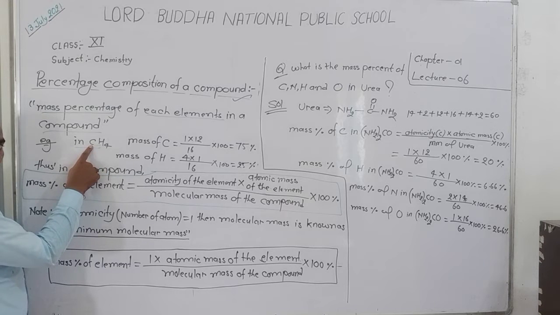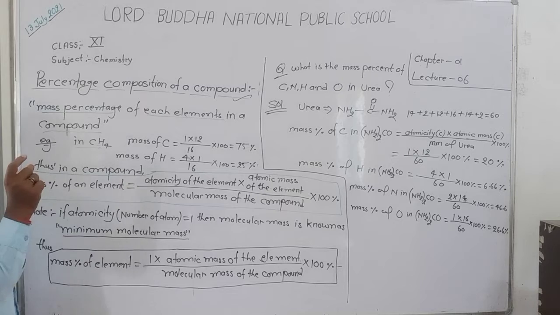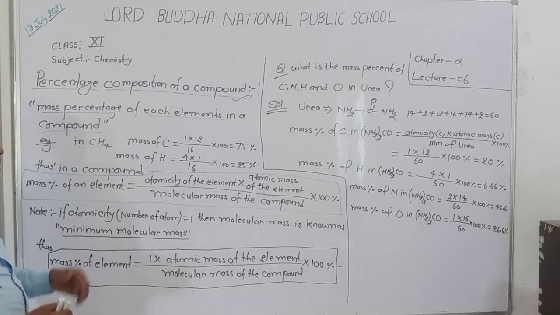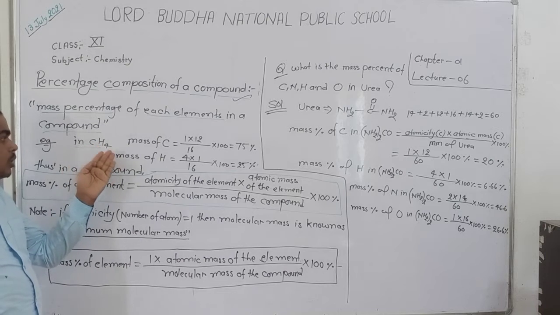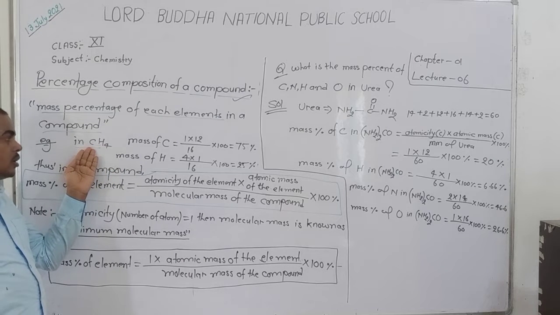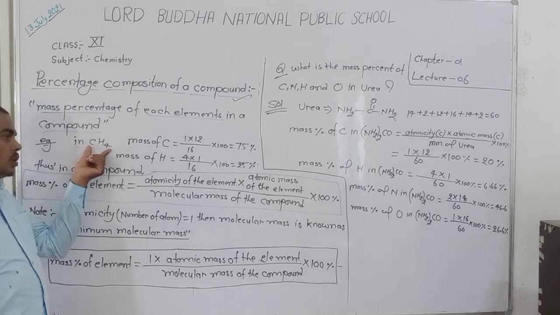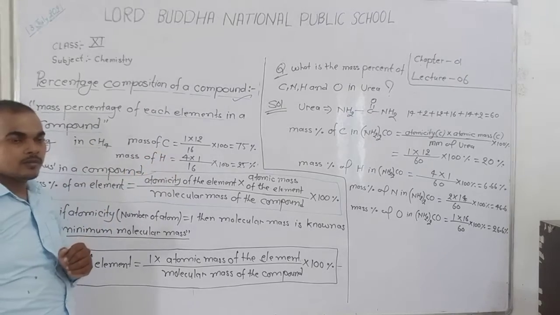Here carbon has atomic mass 12 and one hydrogen has atomic mass 1. Four hydrogens are present, so the mass of hydrogen is 4. 4 plus 12 is equal to 16. That means the molar mass of CH4, methane, is 16.